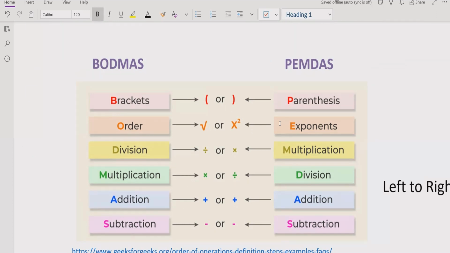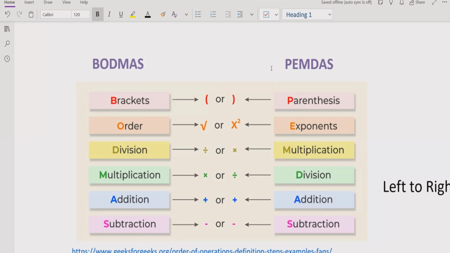What is the meaning of BODMAS and PEMDAS? Basically, B for bracket in BODMAS and P for parenthesis in PEMDAS, but both are similar. It means that if your expression contains any bracket or parenthesis, like square bracket, curly bracket, and rounded bracket, you have to solve that part first in your expression.